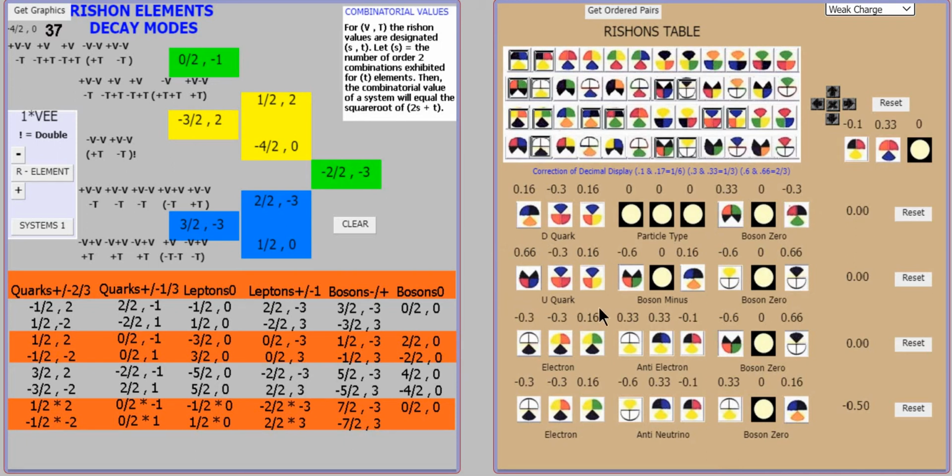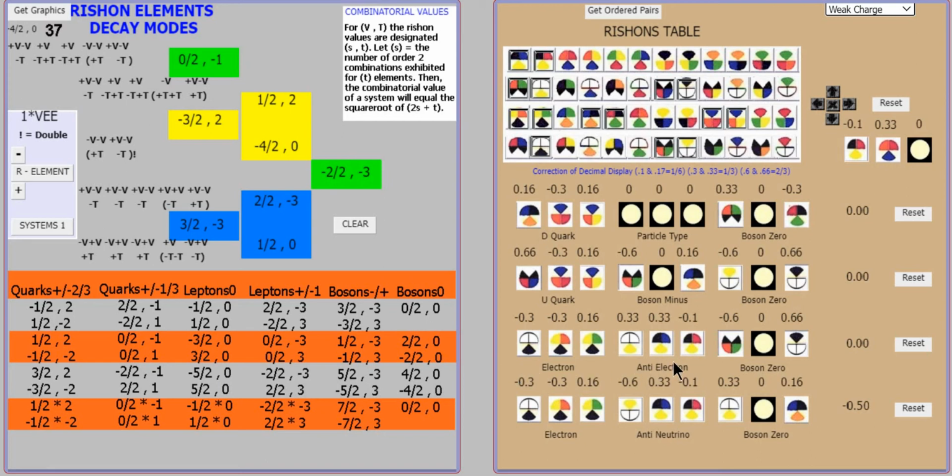Now on the C quark, we can see a left-handed C quark has a weak charge of plus 1/2, whereas the boson minus, the W particle here, has a weak charge of minus 1/2. And there is a 0 weak charge here on this pair, so that we can see that the left-handed C quark has the appropriate weak charge as per the standard model.